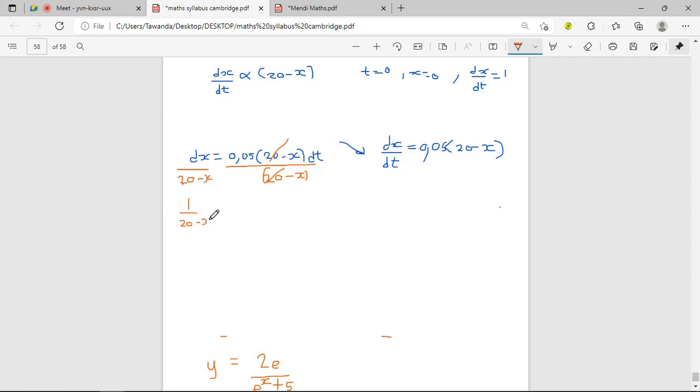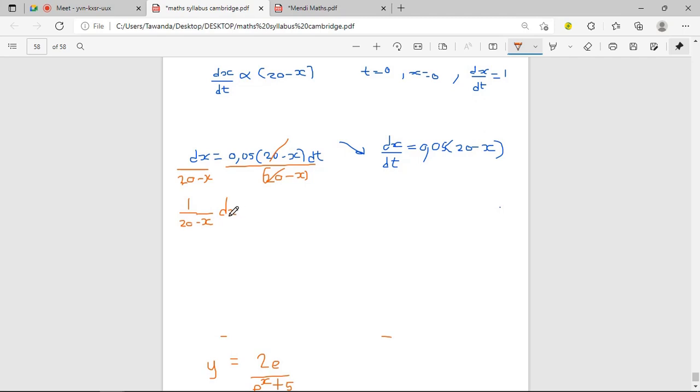When you are separating variables, if we have a constant multiplying a variable that you want to separate, don't separate that constant. Just take the variable. In this case, the variable is inside this bracket. So we are going to remove this bracket only and leave a 0.05 to the right side.